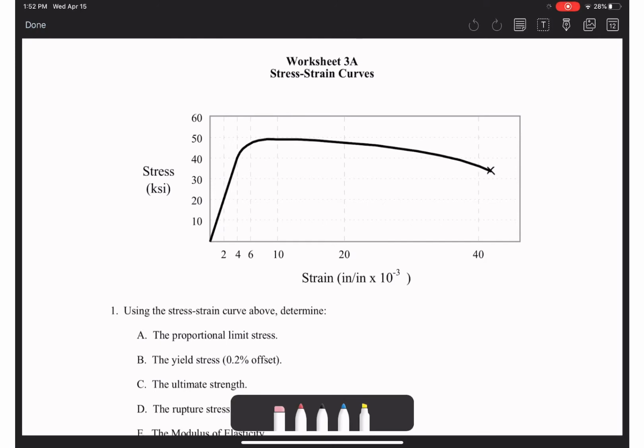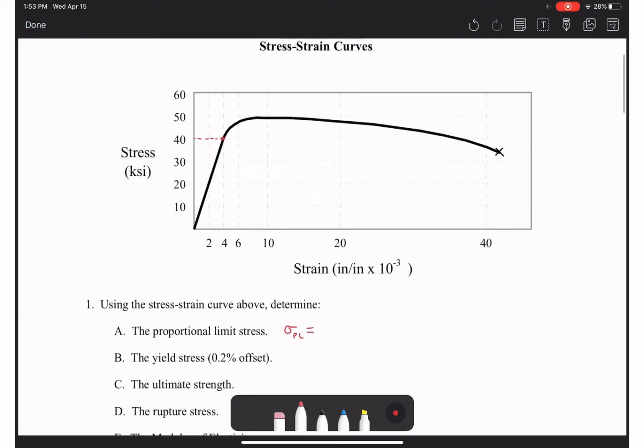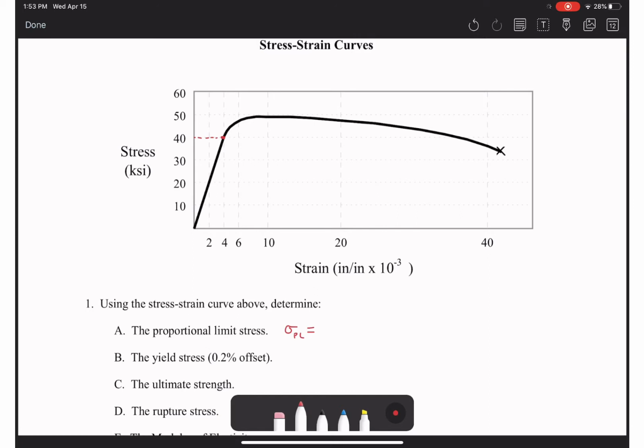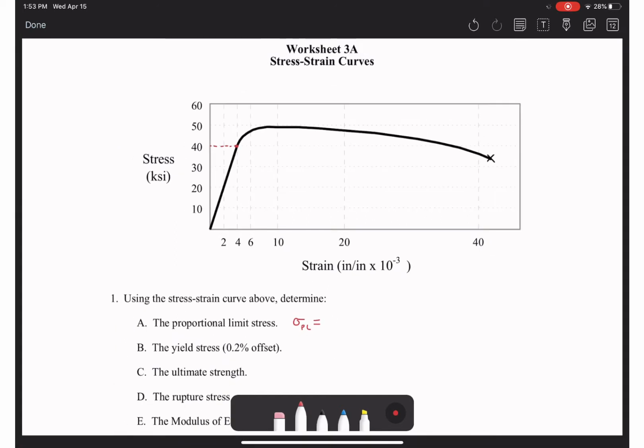Basically, we have that point, the proportional limit point, here from 0 to that, and whatever the stress that you receive here will be the proportional limit, PL. For that problem it's approximate because of the curve here. So 40, the unit is KSI, 40 KSI.